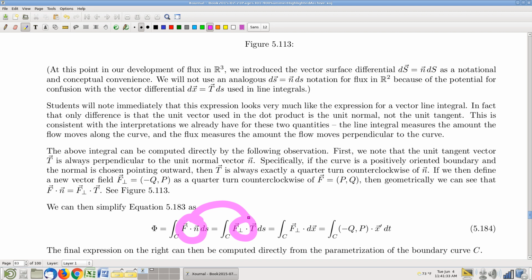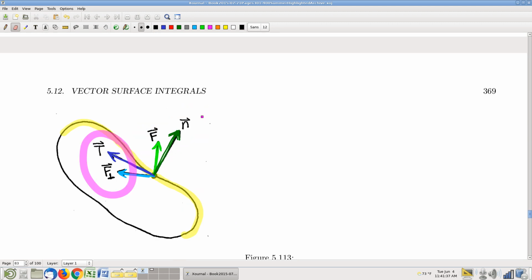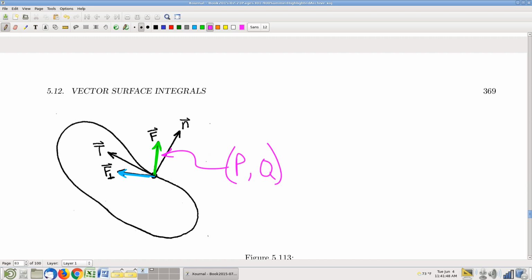F dot n, F perp dot T. It's not hard to persuade yourself of a formula, by the way, for this F perp. If F has components P and Q, then this F perp, just rotating 90 degrees, is going to have the same magnitude.